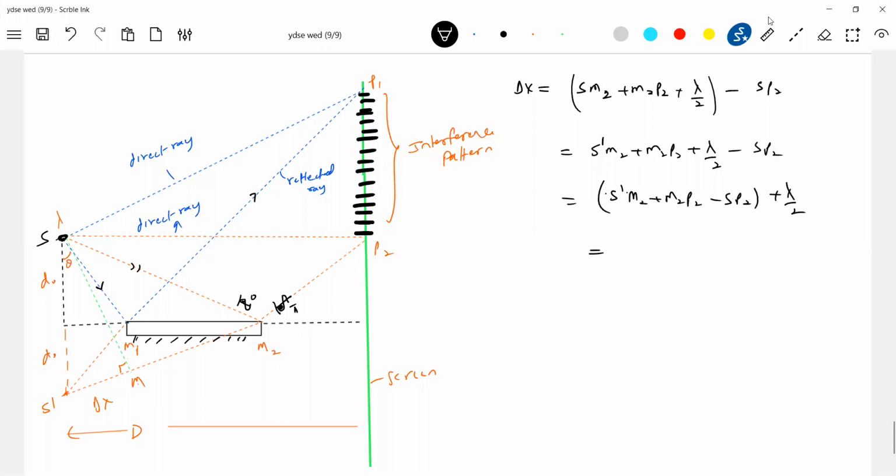So S dash M2 plus M2P2 will become S dash P2 minus SP2. This should be equal to delta x, some delta x dash, I'll write it. So this should become equal to d sine theta, then for n lambda, this will become d tan theta.